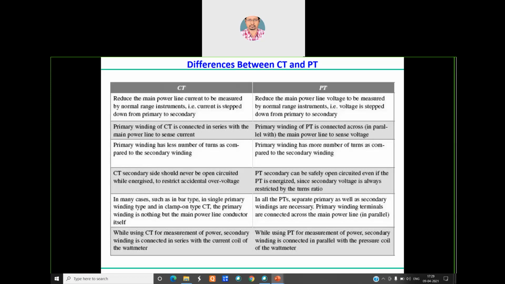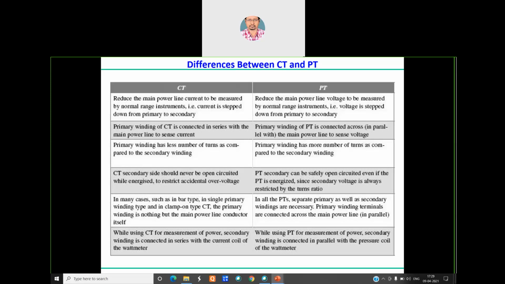In many cases, such as the bar type with a single primary winding or the clamp type of CT, the primary winding is nothing but the main power line conductor itself. That itself works as the primary winding. Whereas in all cases of potential transformer, separate primary and secondary windings are necessary.